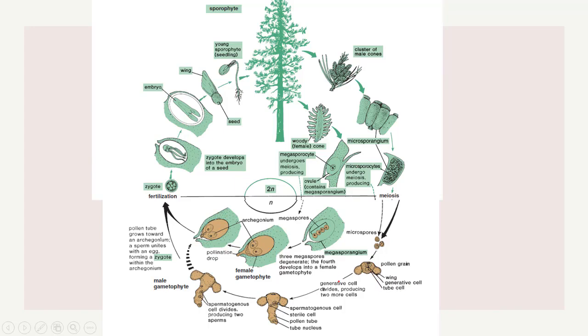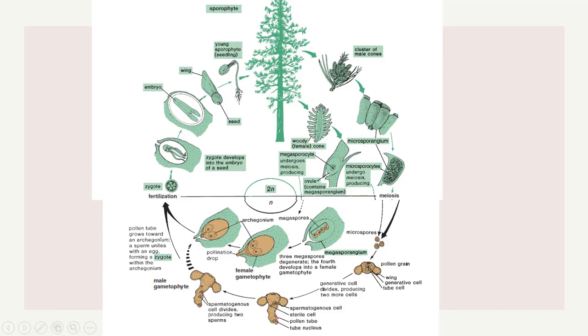The next process is that the generative cell will divide and make two cells. The cells become the spermatogenous cell and a sterile cell, and then the other is the tube nucleus.